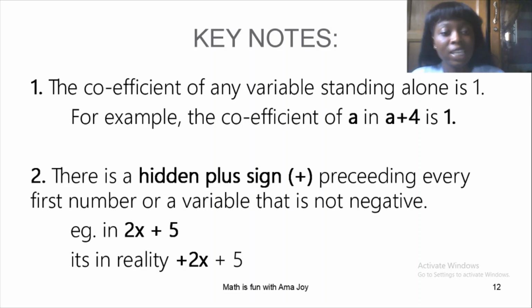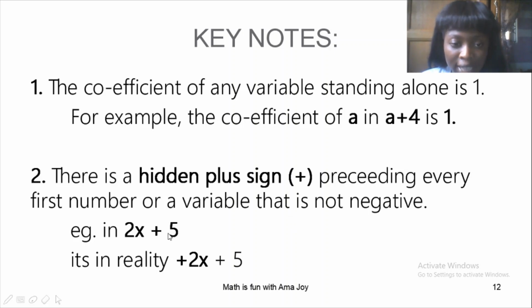Then the next keynote is that there is a hidden plus sign preceding every number or variable that is not negative. So for example, if I have 2x plus 5, the first term, which is 2x, doesn't have a sign before it, but 5 has a plus sign.